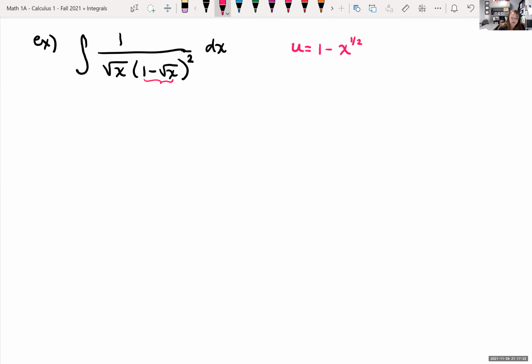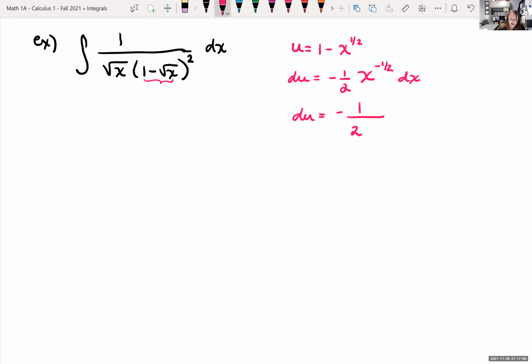Differentiate both sides, so du equals the derivative of 1 minus x to the 1/2. So bring down our power, we get negative 1/2. Subtract 1 from our power, negative 1/2 dx. I'm going to rewrite this a little bit. So du equals negative 1 all over 2 x to the negative 1/2 power.